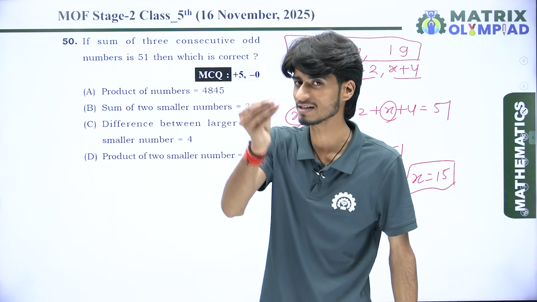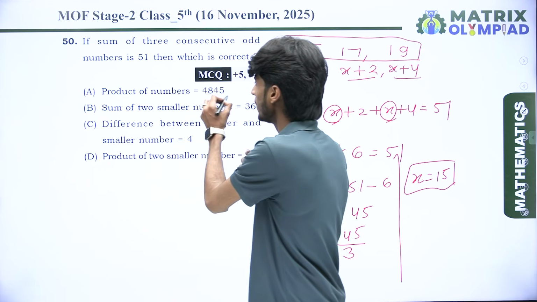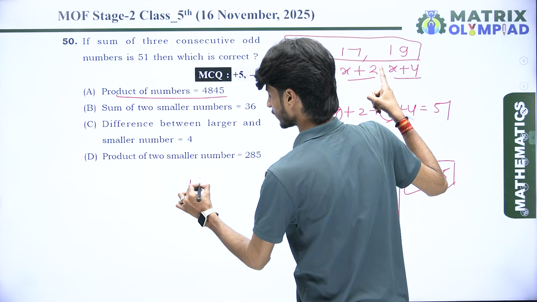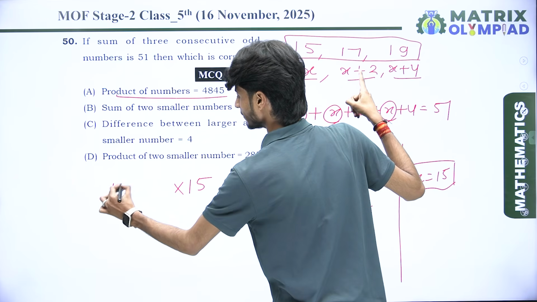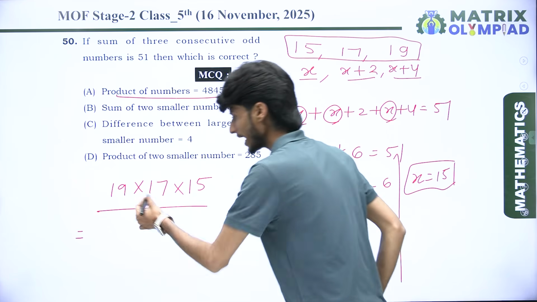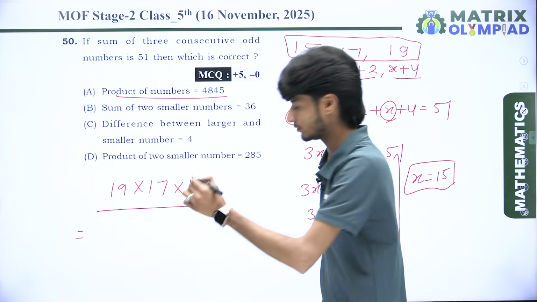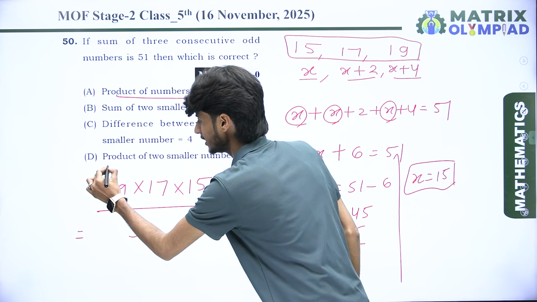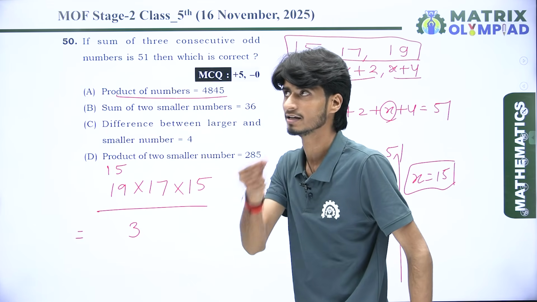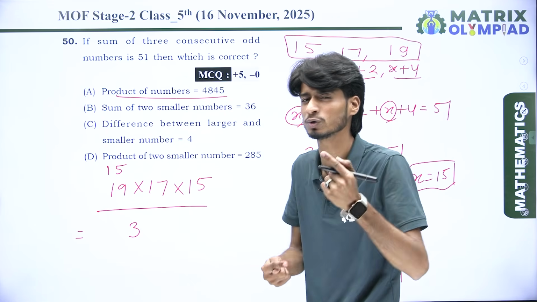What is the first option of this question? Product of numbers. So let's find out the product of the numbers. Multiply all of them. 19 multiply 17 multiply by 15. 17 nines are 153. Then you get 3 as the unit digit and 15 as a carry. 17 ones are 17. 17 plus 15 is equal to 32.